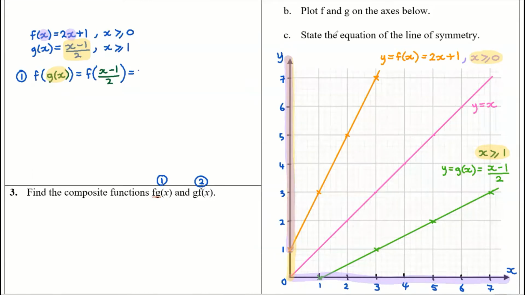So this is going to be 2 lots of x subtract 1 over 2, we'll close that, and then I've got to add 1. So straight away, the 2's will cancel, so that's good news. We've got this nice cancellation here, so they simplify to 1. So we're left with simply x subtract 1 plus 1, which of course is just x, isn't it?